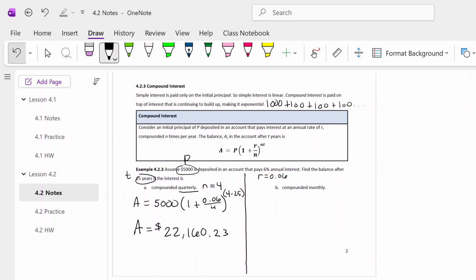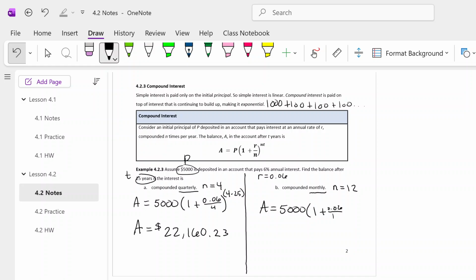In the other case, we're using all the same P, R, and T values, but instead we're talking monthly. The number of times you're doing something in a year, if you do it monthly, once a month, is 12 times. The nice thing about what you guys have set up is if you're using Desmos, as you should be, you have everything set up for you.